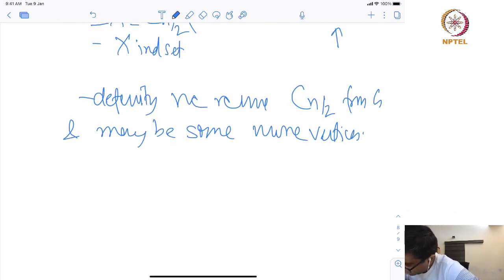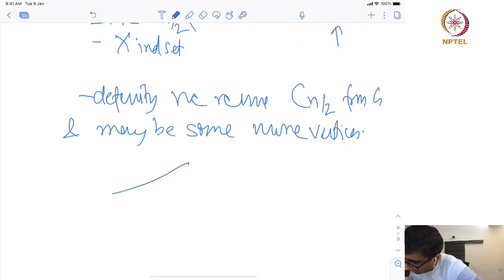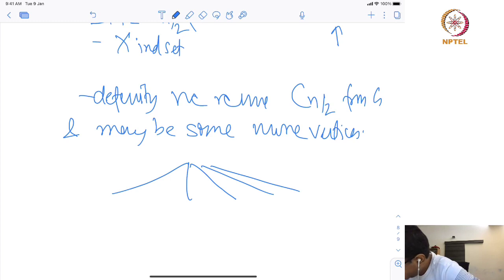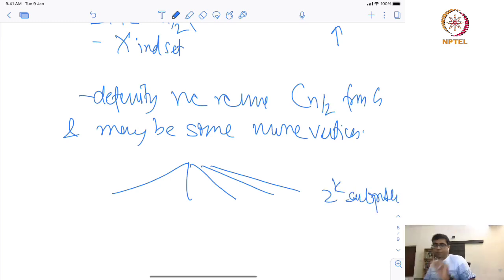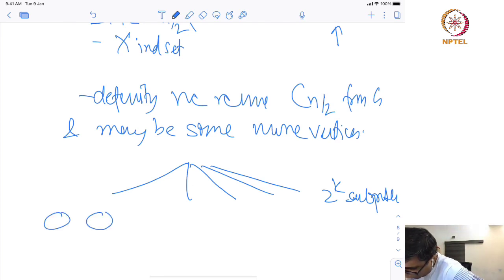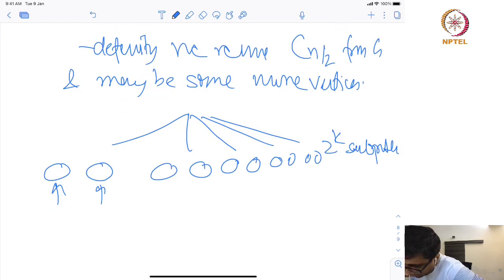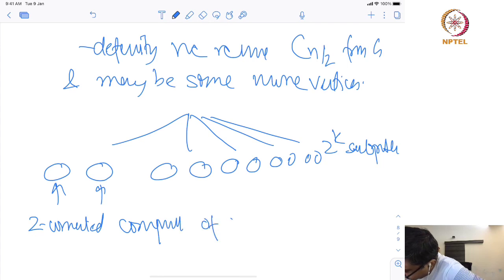right? So what happens? We are creating 2 power k sub-problems, right? Remember, in the path we had 2 power 1, so 2 sub-problems, and in each we are going to solve the problem on 2 connected components of size actually at most n over 2.